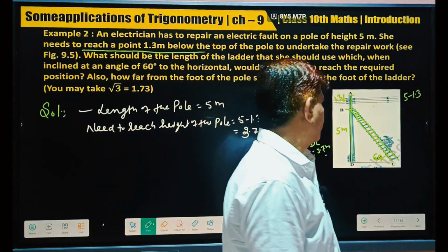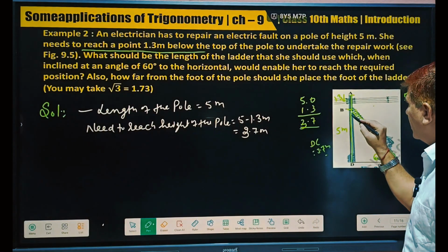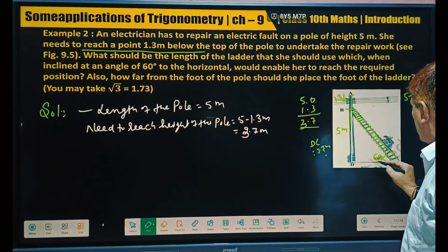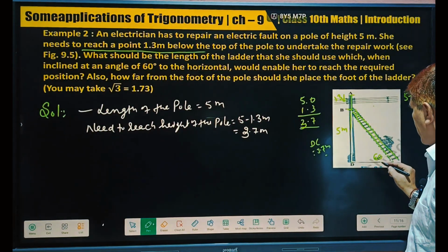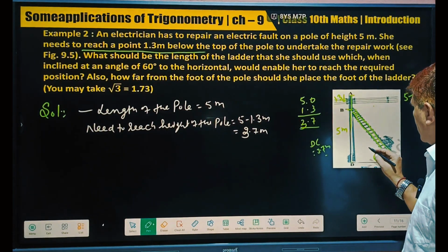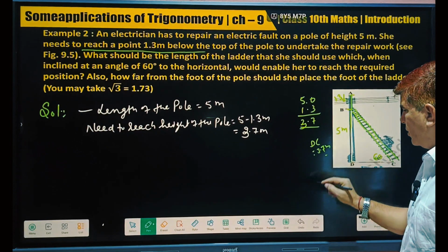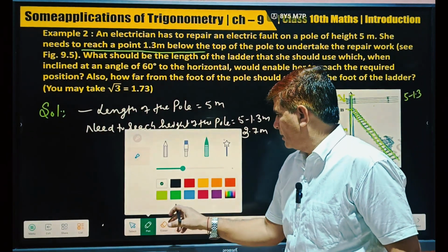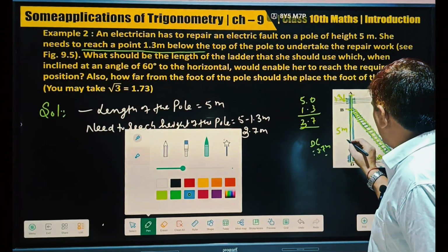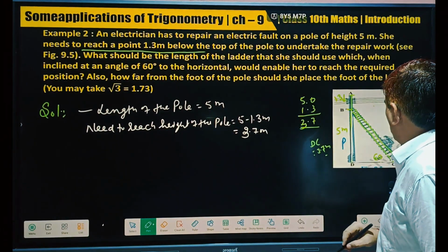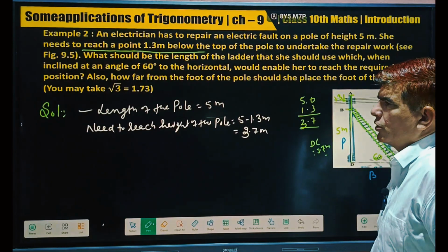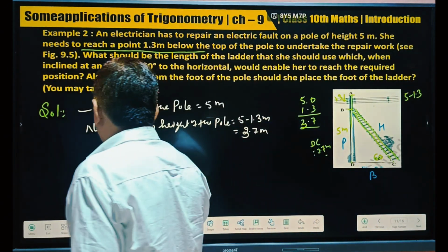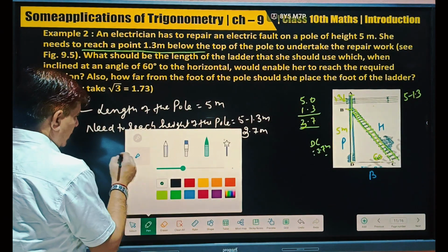Got it? This is a right angle triangle. In this right angle triangle, this is perpendicular, this is base, and this is hypotenuse. Understood?